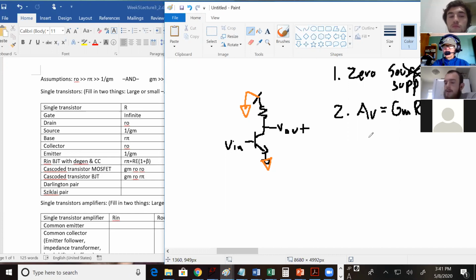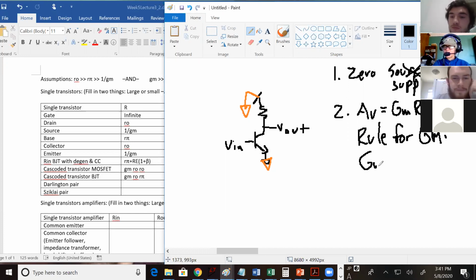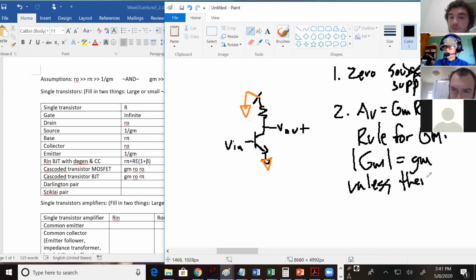Okay. A rule for big GM. Big GM, absolute value of big GM equals GM unless there's degeneration.